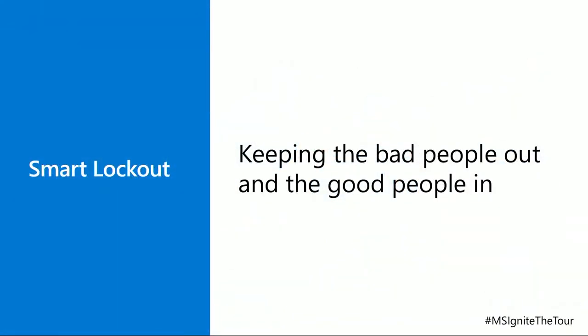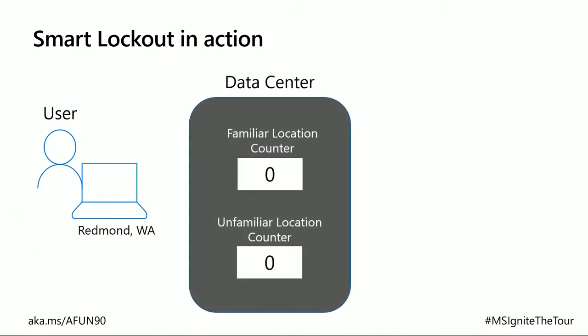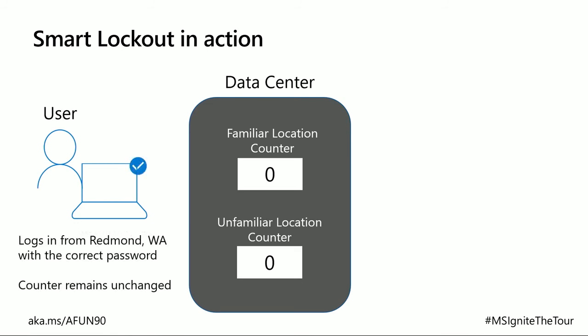I'm going to show you something really quickly called Smart Lockout, which blew my mind as an on-prem sysadmin. So we're used to somebody stuffing up their password enough times that it eventually locks their account out and doesn't let them in. With Smart Lockout, we can have someone who's normally logging in from Redmond, and we keep two different counters, a familiar location and an unfamiliar location.